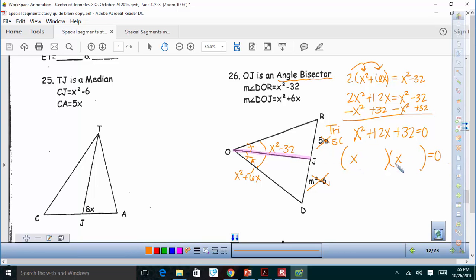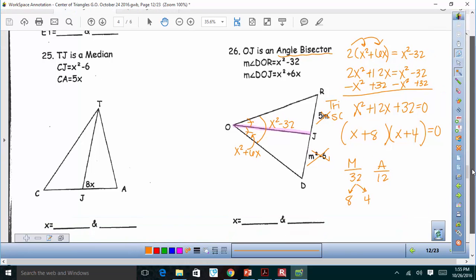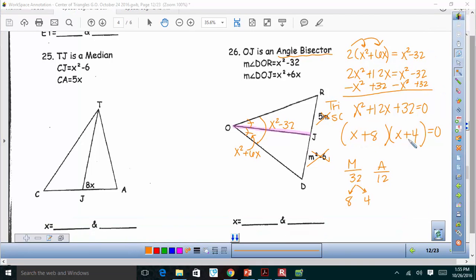X. And then I'm looking for something that multiplies to give me 32 and adds to give me 12. 8 and 4. Does that work? So positive 8, positive 4, but we want x. So what would x equal if these are both positive? Very good. The opposite, negative 8 and negative 4.